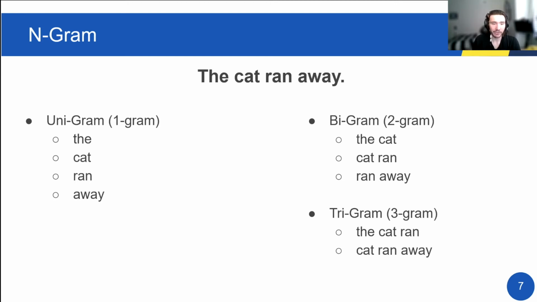The unigram had 4, you can think of them as rows. The bigram has 3 rows, and the trigram only has 2 rows. So it does reduce your overall amount of text, or rows and entries. You can have as many grams as you want. You could have an 80-gram, but you'll have to evaluate if that would ever be effective for you.